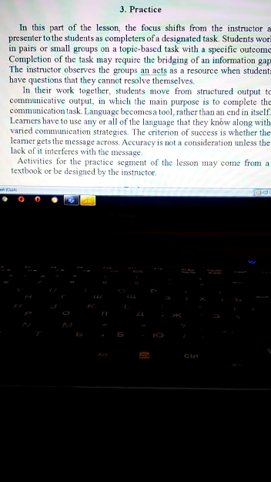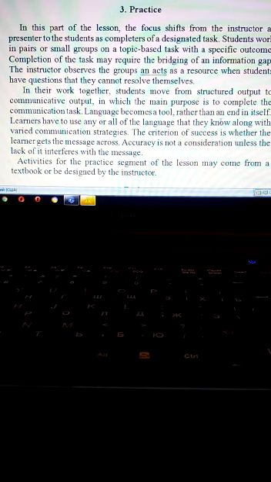Students work in pairs or small groups on a topic-based task with a specific outcome. Completion of the task may require the bridging of an information gap. The instructor observes the groups and acts as a resource when students have questions that they can't resolve themselves.